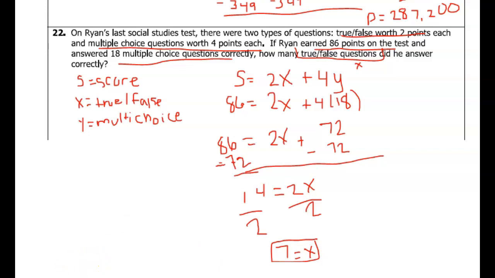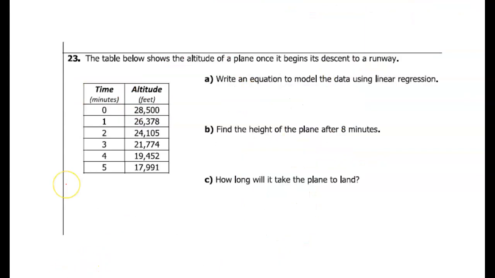All right, let's move on to 23. The next scenario talks about a plane that is descending upon a runway. So it's in the air, and as time goes by, the altitude changes. As the time goes by, the altitude goes down.